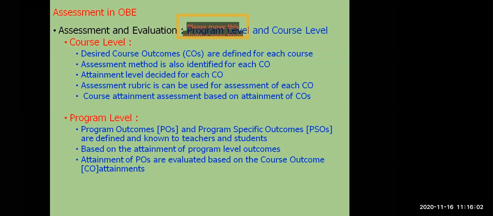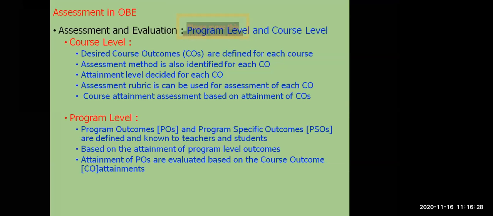The attainment will be the assessment of the course attainment. Now, when we have to talk about program level, program outcomes and program specific outcomes are defined and known to teachers and students. Even COs are defined and known to the teachers and the students.